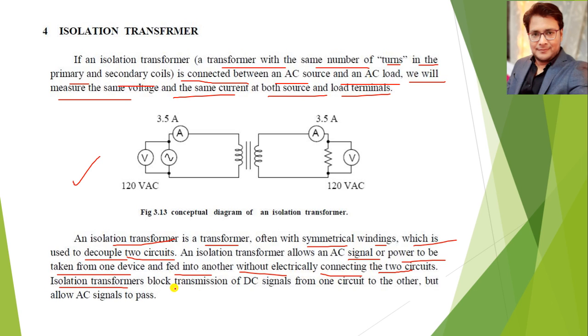Isolation transformer blocks transmission of DC signal from one circuit to the other, but allows AC signal to pass. Okay, this is isolation transformer. Now moving to the next slide.